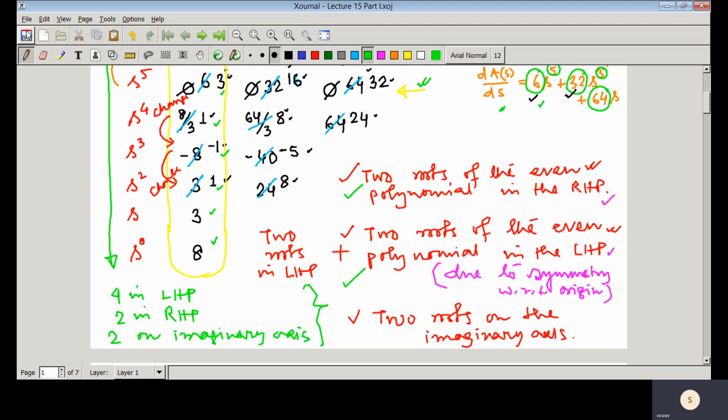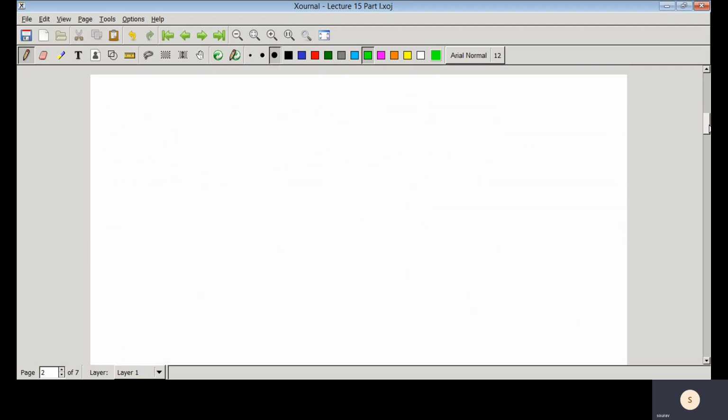So now we are going to discuss the time domain analysis. So in this particular topic, that is the time domain analysis, we will be discussing the time response of first order systems and second order systems, and we will be discussing some terminologies, or we will see how to characterize the time response of a first order system and how to characterize the time response of second order systems.